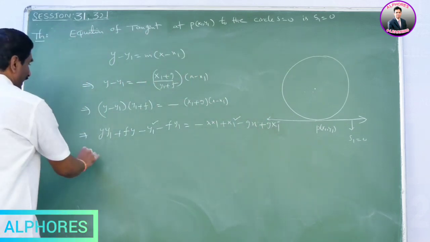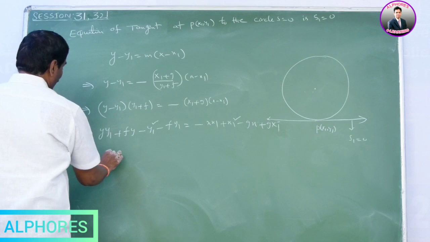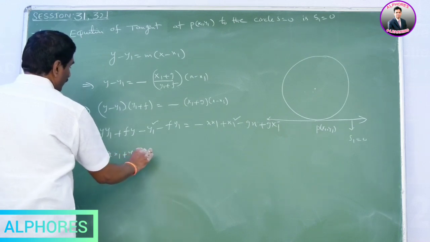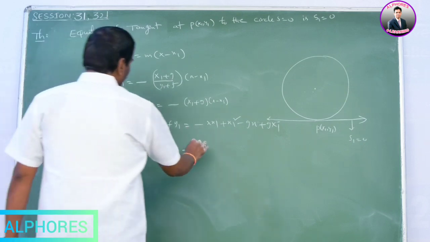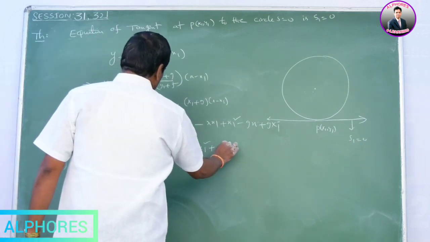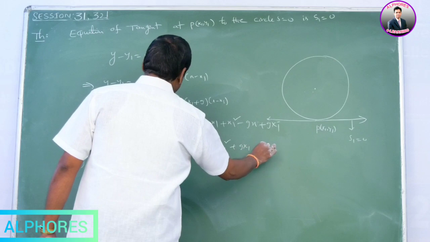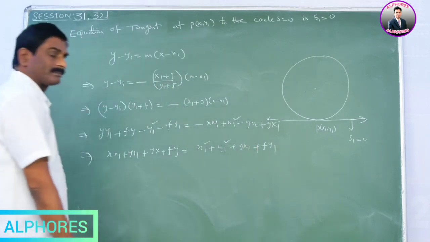Next, by rearranging these values, we get xx1 + yy1 + gx + fy is equal to x1 square + y1 square + gx1 + fy1. Okay?